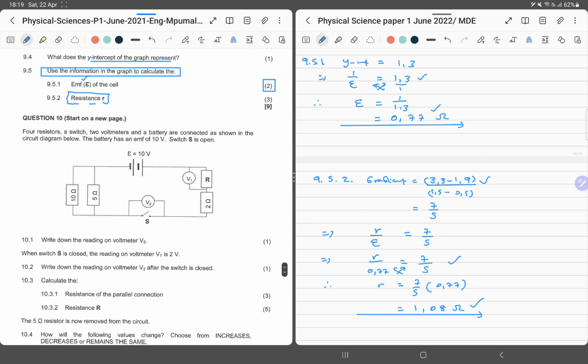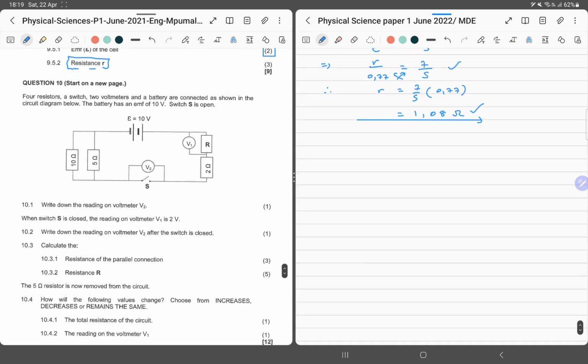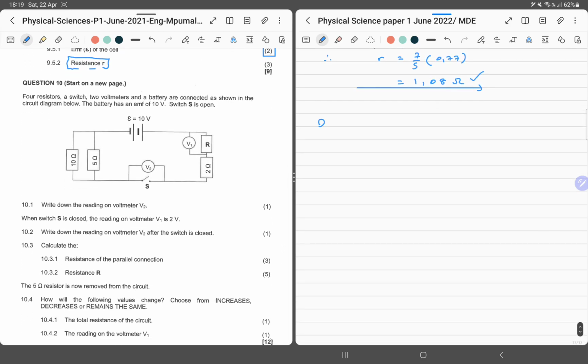Now let's do the last question quickly. Question 10. So we are told here 4 resistors, a switch, 2 voltmeters, and a battery are connected as shown in the circuit diagram below. The battery has an EMF of 10 volts. Okay. Switch S is open.